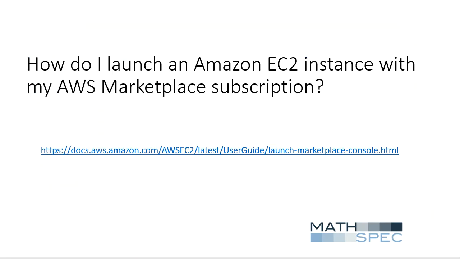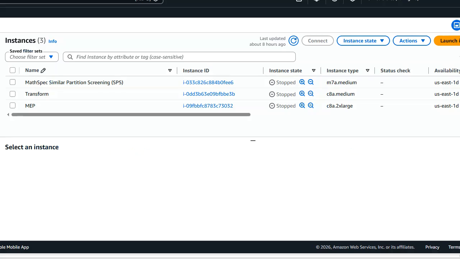I will not demonstrate how to set up an EC2 instance from the AWS Marketplace. Here is a link to a video on AWS that describes that. Now I have logged into Amazon AWS and I am in the EC2 dashboard.